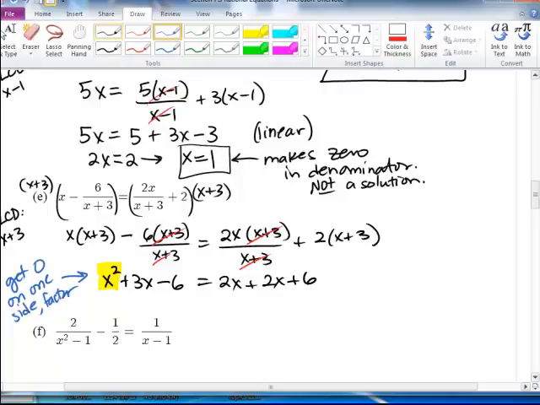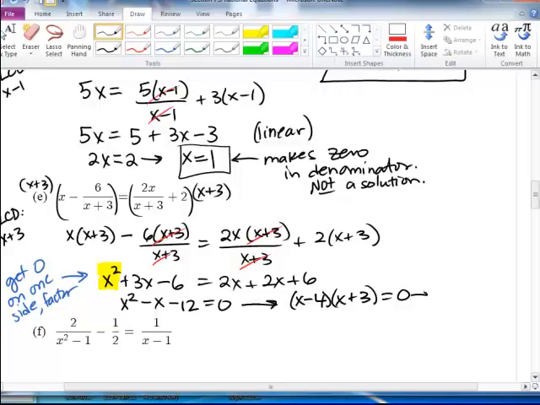So if we rearrange to get 0 on the left side, this time we'll have x squared. We'll subtract 4x, so minus x, and subtract 6, so minus 12 equals 0, which we can factor as x minus 4, x plus 3 equals 0.